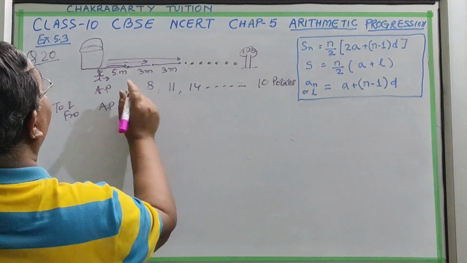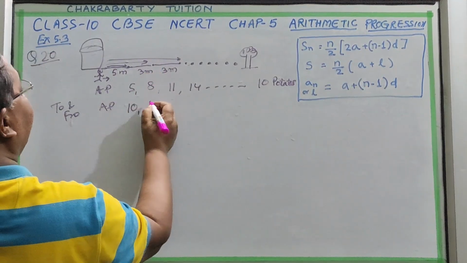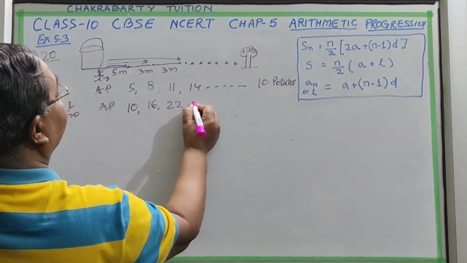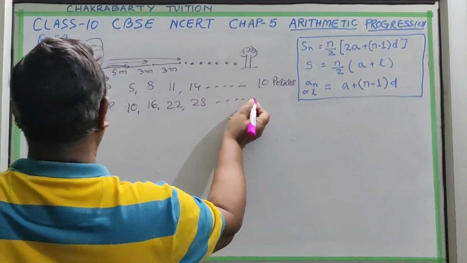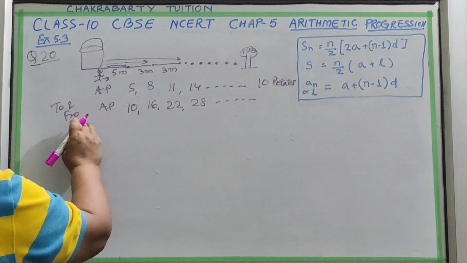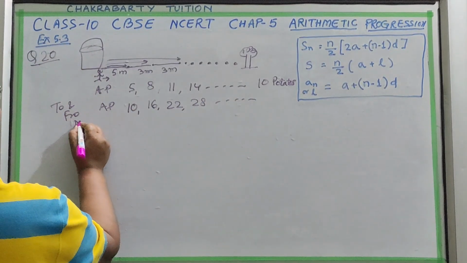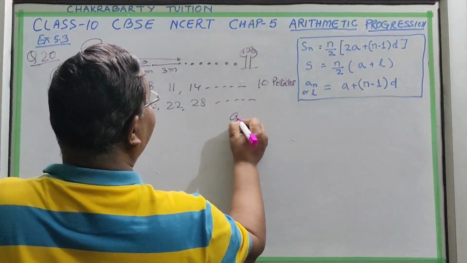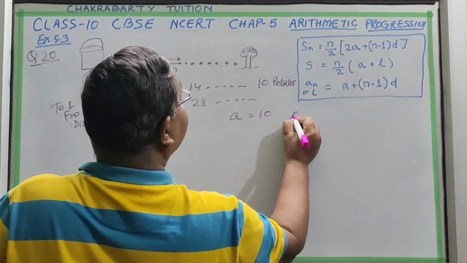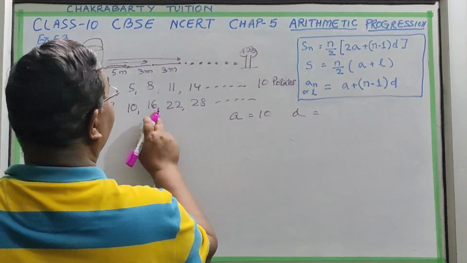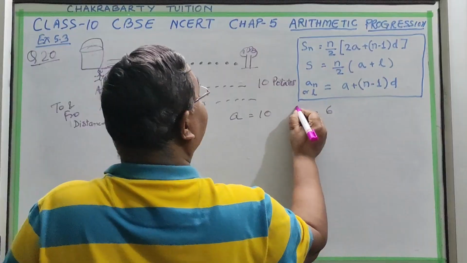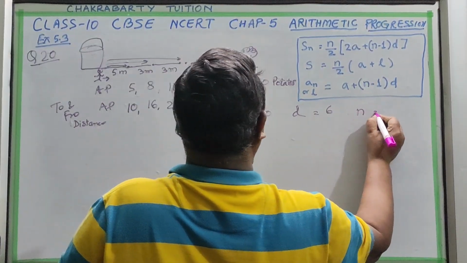Now she will travel up to 8 and come back, so it will become 16. Like this it will be 22, 28, like this it will go up. So the to and fro distance will be this one. So your a is now 10. d is the difference of these two, so 6 is the difference, and n, the number of potatoes, is equal to 10.